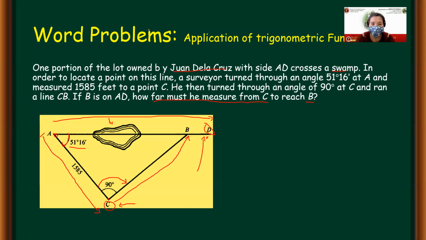So which trigonometric function can we use? Any suggestion on which function we can use to get line CB? Any suggestion?